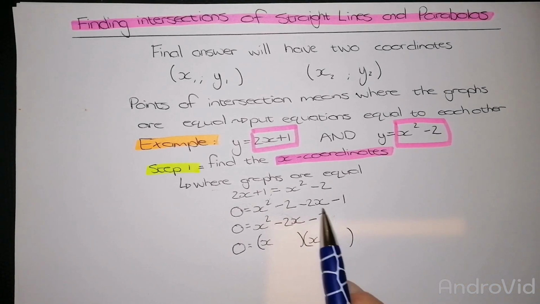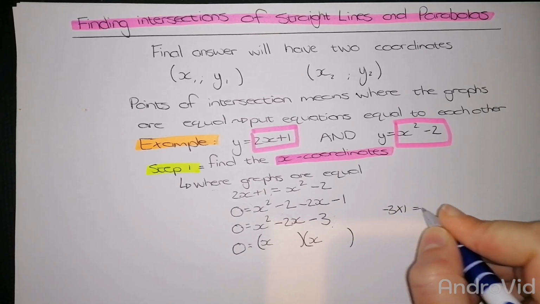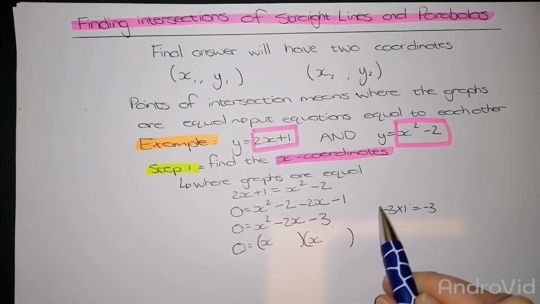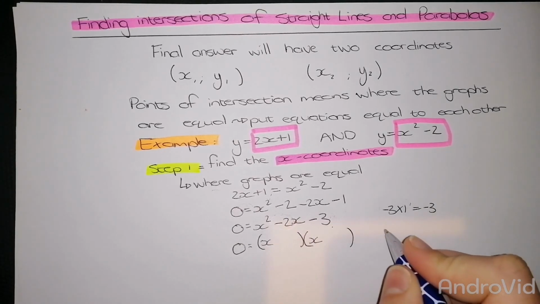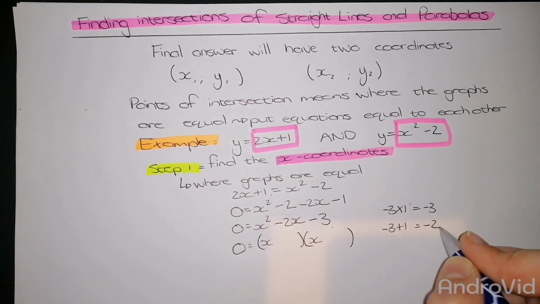The only things that could possibly multiply to get negative 3 is negative 3 and 1. So we've got negative 3 multiplied by 1 gives me negative 3. So I know the first part is correct. I need to determine if negative 3 and 1 added together will give me negative 2. So minus 3 plus 1 is equal to negative 2.